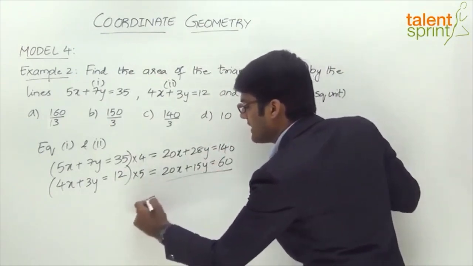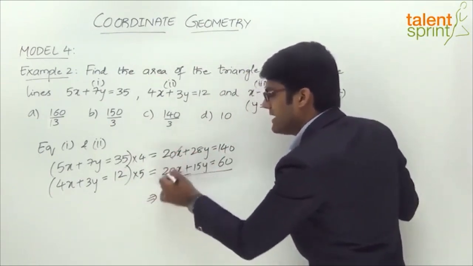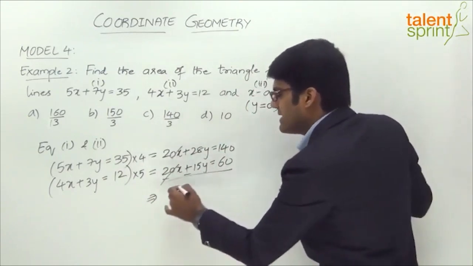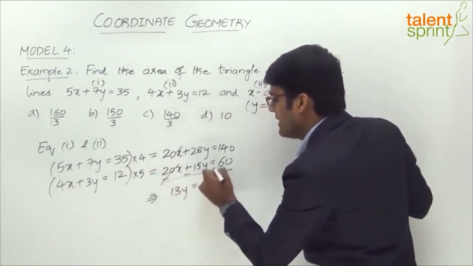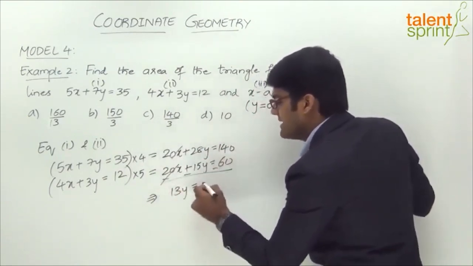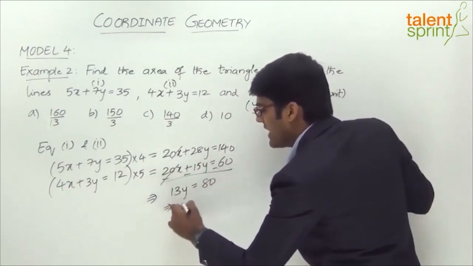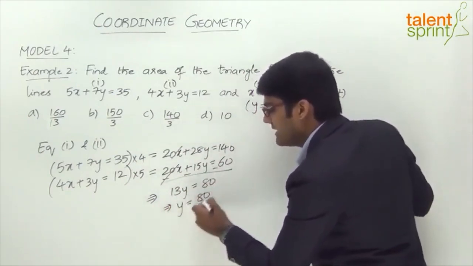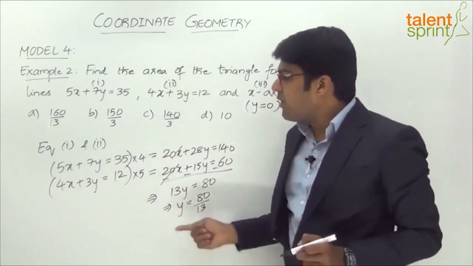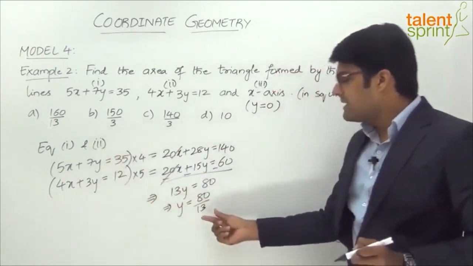Upon solving, 20x and 20x cancel. 28y minus 15y is 13y, equals 140 minus 60, which is 80. So y is equal to 80 by 13. So the y coordinate of the intersection of these two lines is 80 by 13.